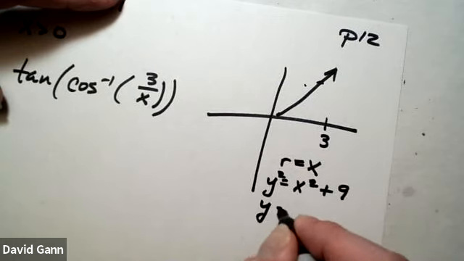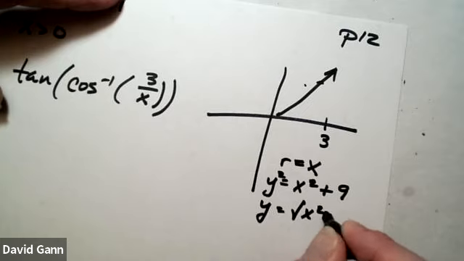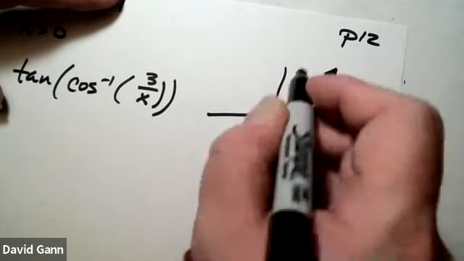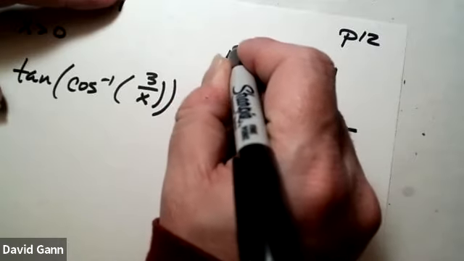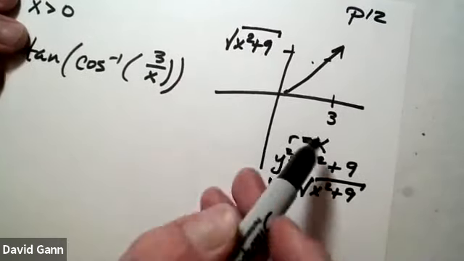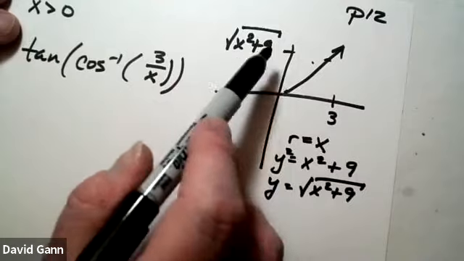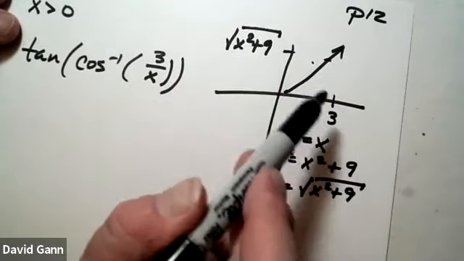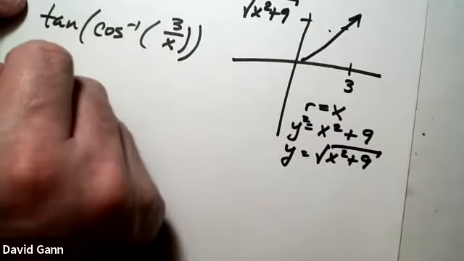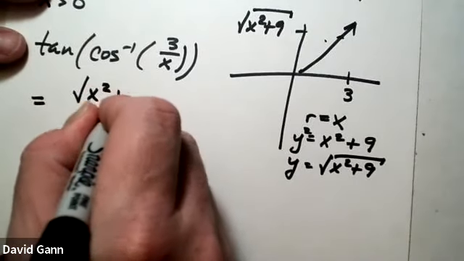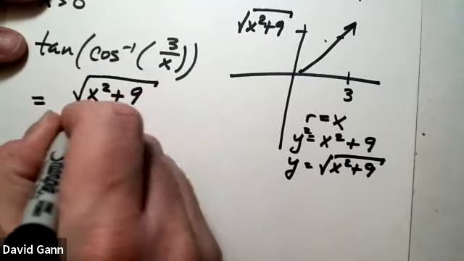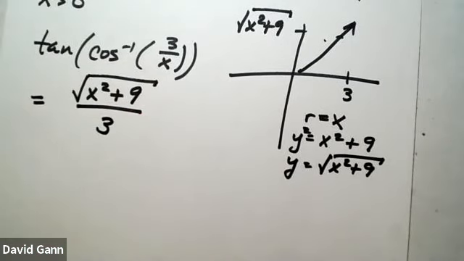So y will be the square root of x squared minus 9. Okay, and so when I take the tangent of this angle, it's going to be y over x. So this reduces down to just square root of x squared plus 9 all over 3. Kind of a goofy looking thing.